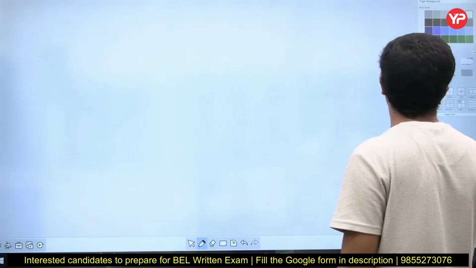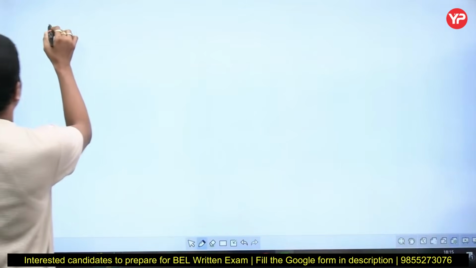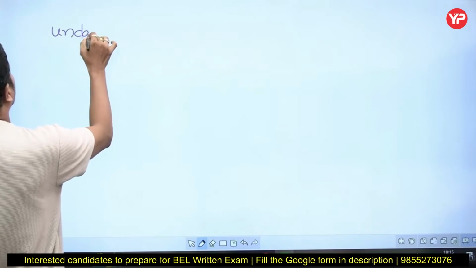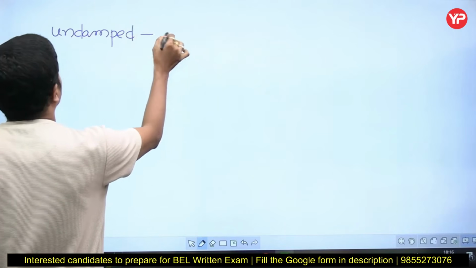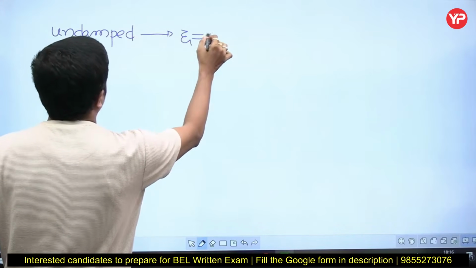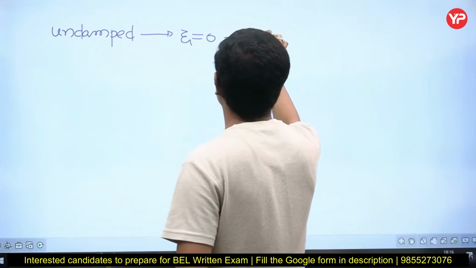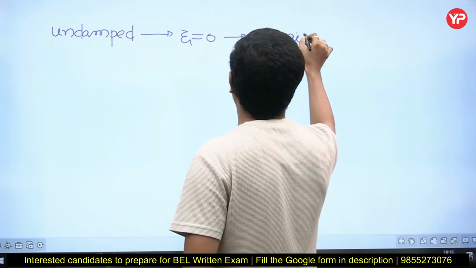Let me write all four types of systems here. First one is undamped. Undamped means there is no damping, which means zeta is equal to 0. If zeta is equal to 0, your poles are purely imaginary.